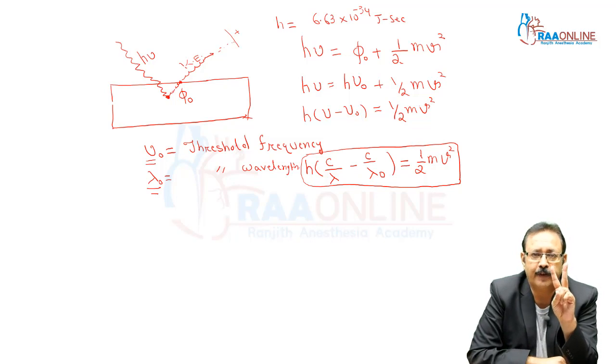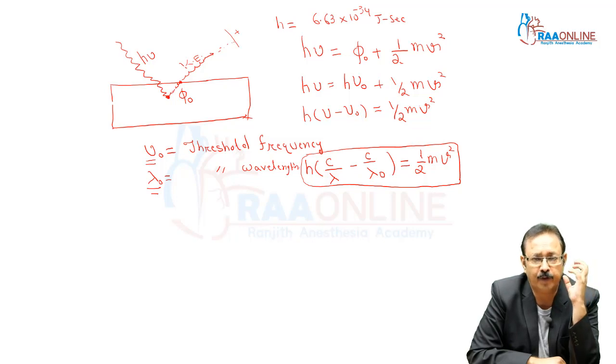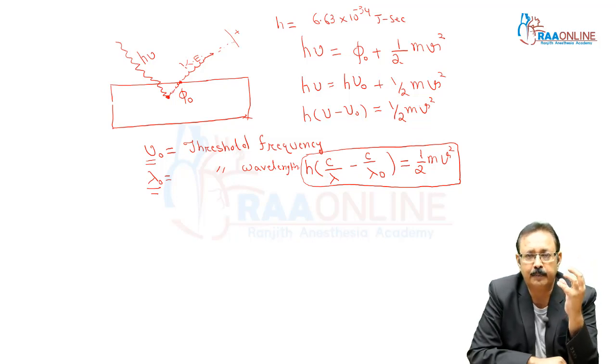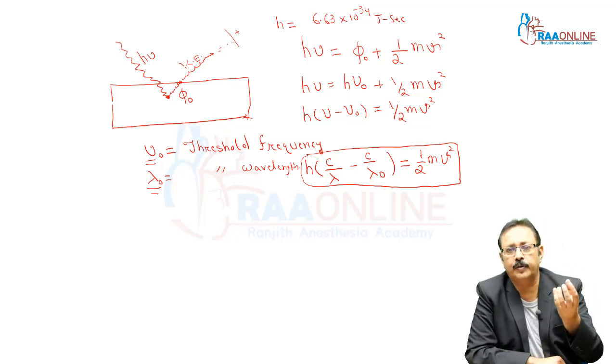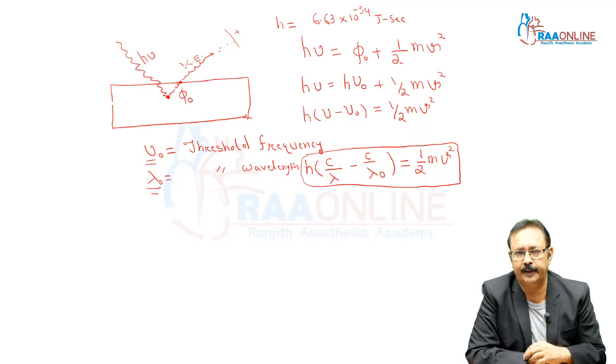After increasing the frequency, it will not be double. We increased only frequency, so the number of photons will be the same, the number of photoelectrons will be the same, but the photons will come with high energy. So they supply high energy to the electron, and the electron will come out with high kinetic energy.